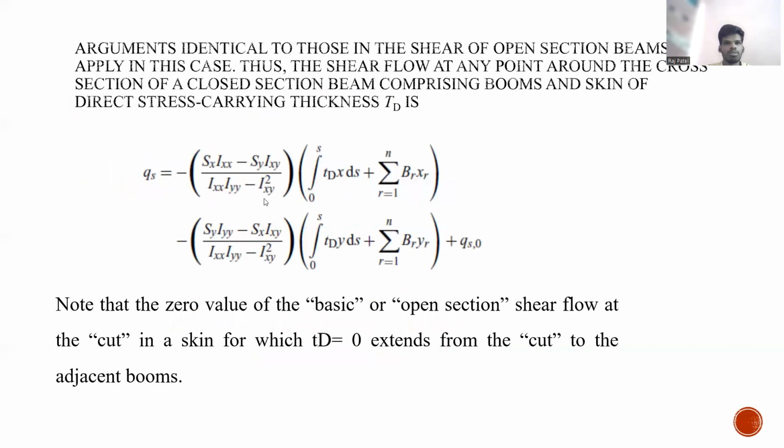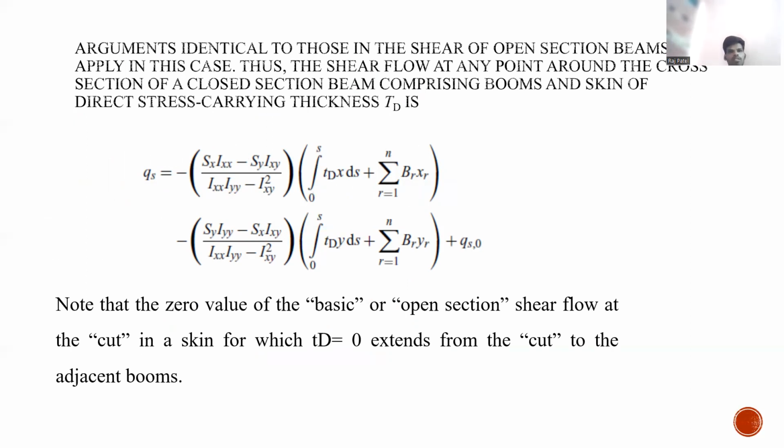And the arguments for the open section beams apply for the shear flow at a point in the closed section comprising beam skin, and the direct stresses in the skin are neglected. For beams, the skin contribution will become 0 if the skin is less. So for the open section, t D becomes 0.